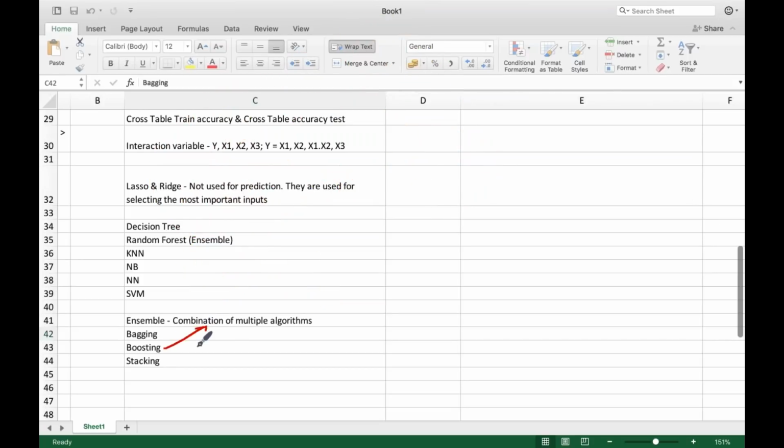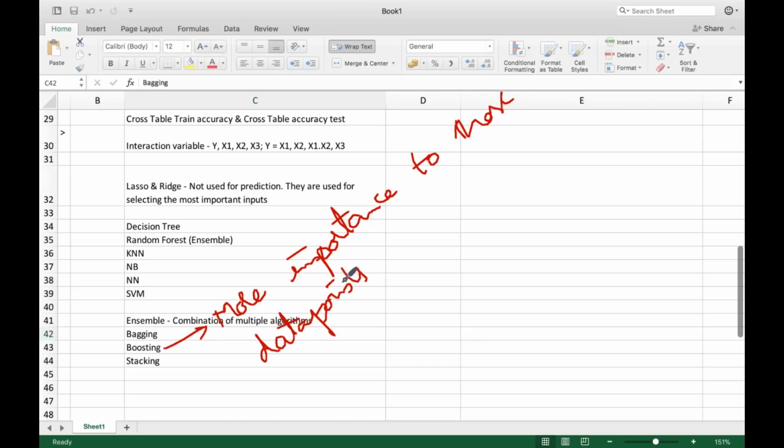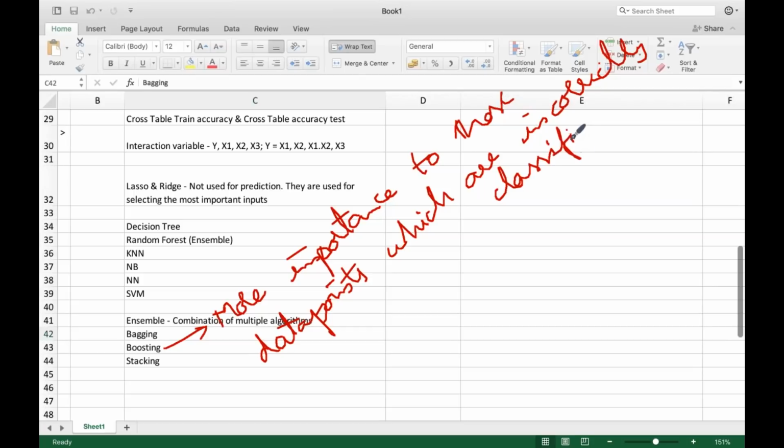Boosting is slightly intelligent. It does the same thing as bagging, but the only thing is it gives more importance to those data points which are incorrectly classified, and it gives more importance to more accurate models.